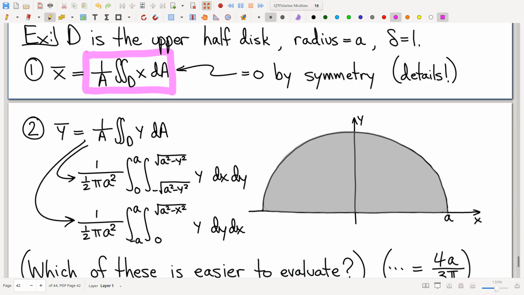Notice it did not announce itself as, hey, by the way, this is susceptible to a symmetry argument. It didn't, right? There was a formula. We wrote down the formula. No clue, no tip-off that this is susceptible to a symmetry argument. But it is, right? So this integral is 0. You can argue that by a symmetry argument. Make sure that you can fill in those details.